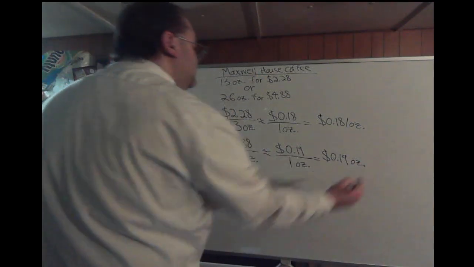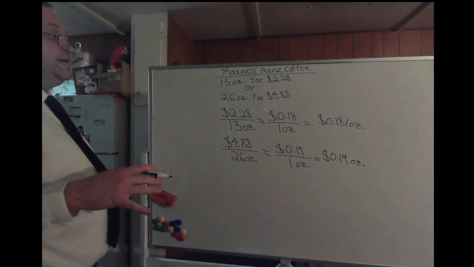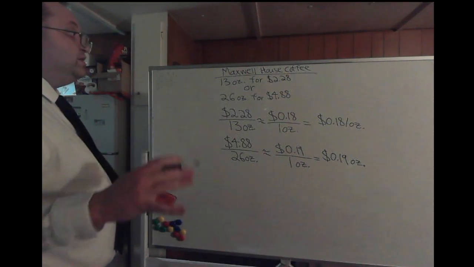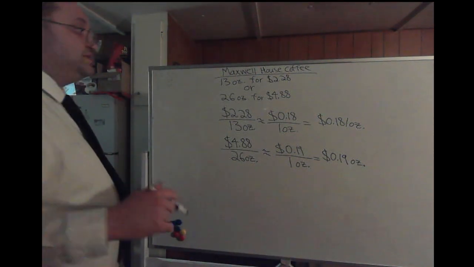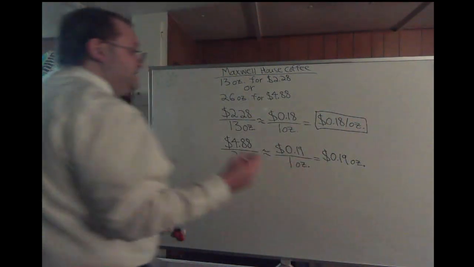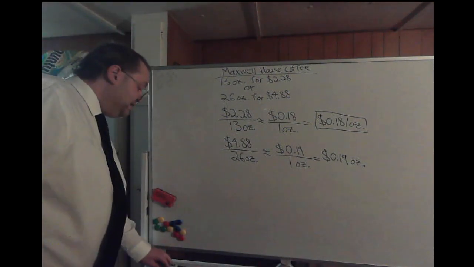So actually, in this case, the 13 ounces for $2.28 was a better deal than the 26 ounces for $4.88. So the one that's 18 cents per ounce is obviously better than 19 cents per ounce.